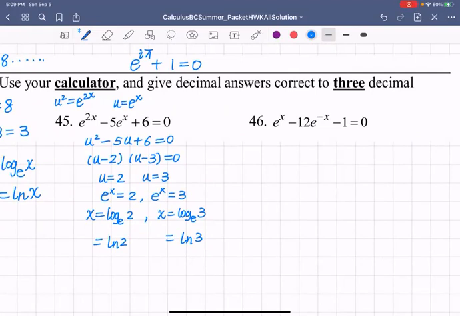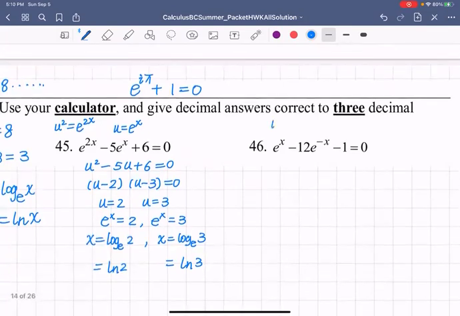So first, I would change negative 12e to the power of negative x to negative 12 times 1 over e to the x. Let's do this. U equals e to the power x. So e to the power negative x is this, correct? So this is 1 over u. Now go ahead.